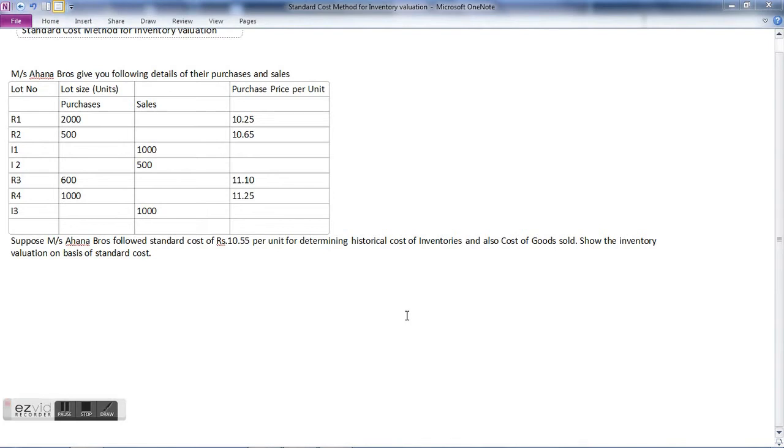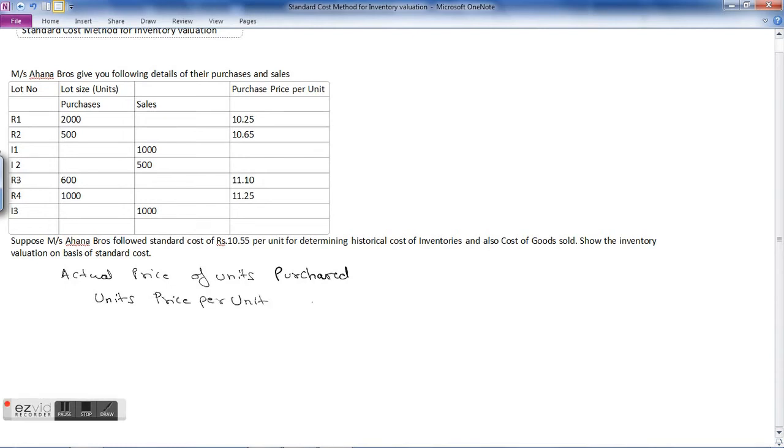First we will calculate the actual cost of units purchased. So what is the actual price? Units into price per unit, and total price.